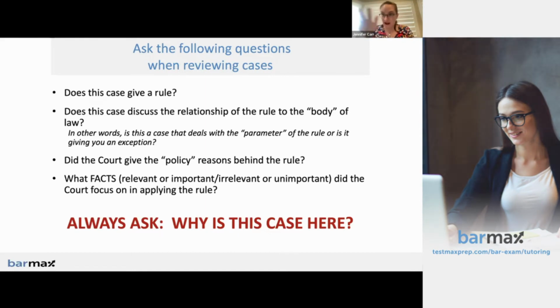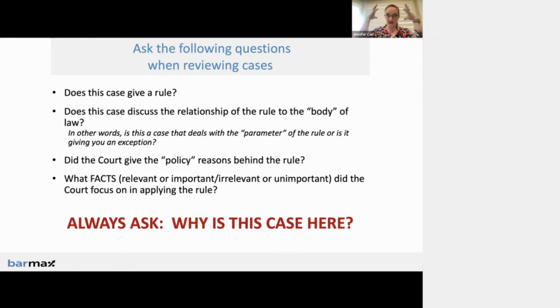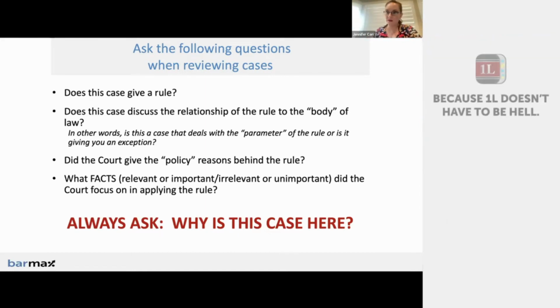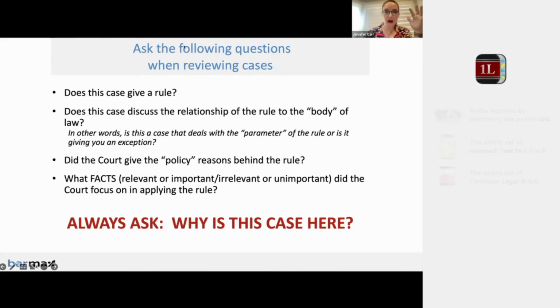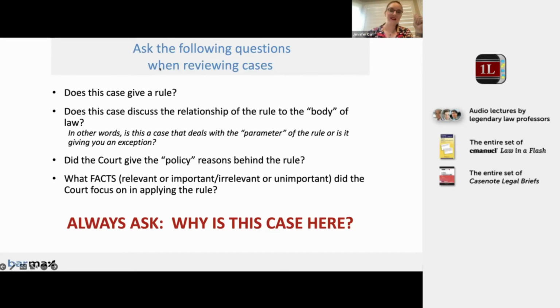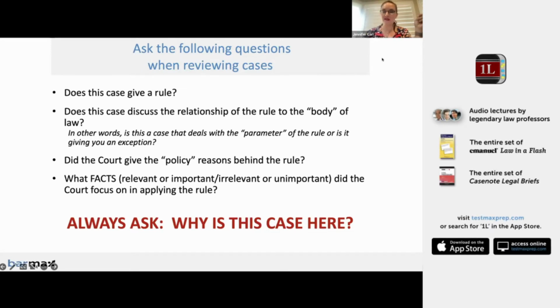That case is there so that you can start thinking about why we punish people. Those of you who are in property and you read the case about the fox, that case is there so that you can think about the policies that underlie and support property rules.